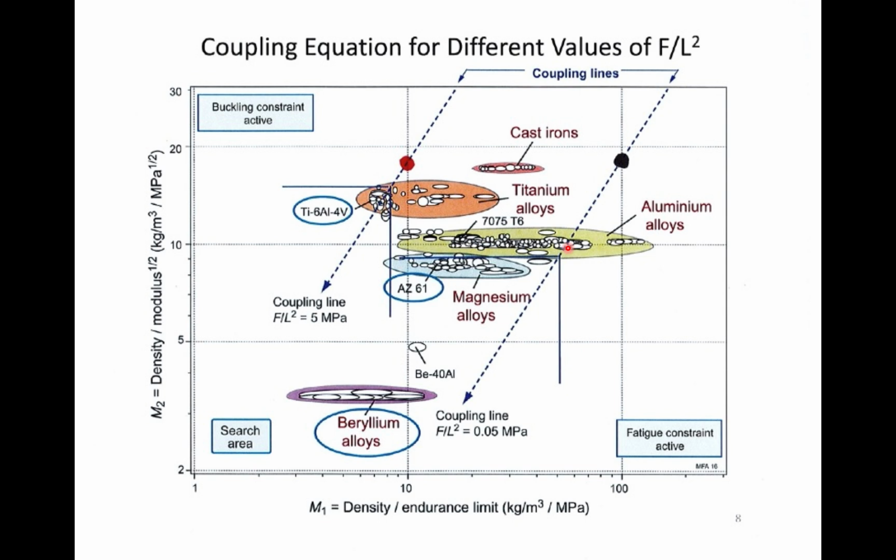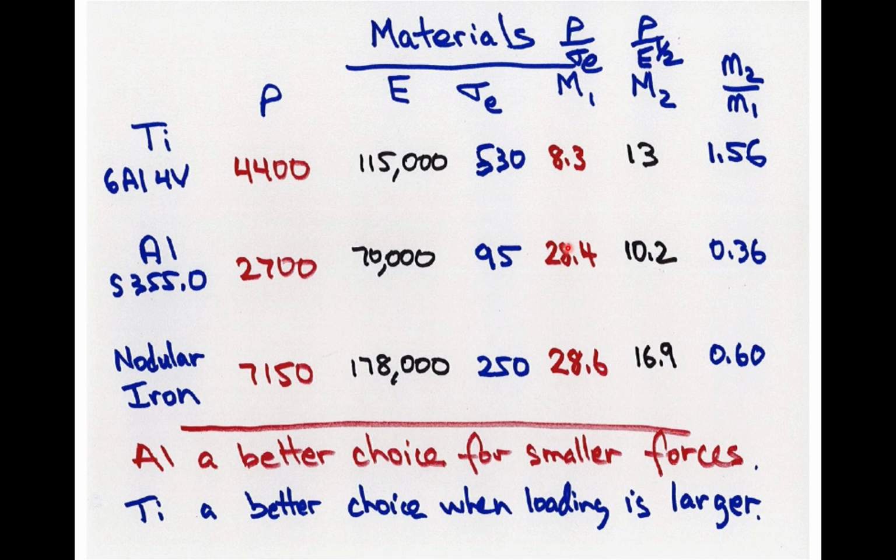Now, just for fun, I decided to run the numbers for the nodular iron that was in the min-max problem. We have an M1 actually very similar to aluminum. And what we see is the Young's modulus is larger by a fair amount, right? I don't know, about 2.5 times.